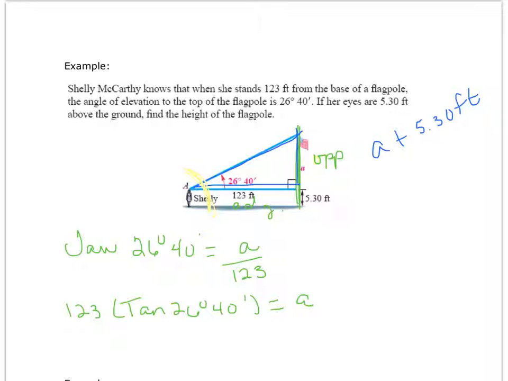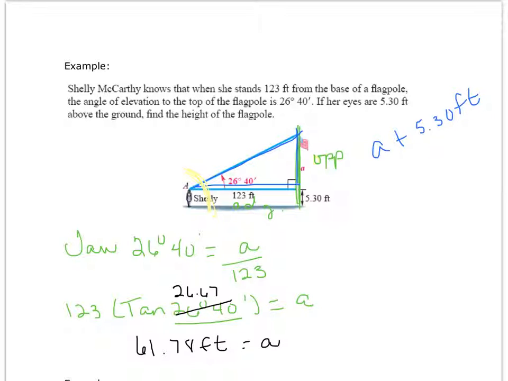So when you get all said and done, you can leave this in degrees and minutes, but if you convert it to decimals, it's going to be 26.67. That's what we're going to use. So, because our flagpole's in feet, it's not in degrees and minutes, so we wind up with 61.78 feet is how tall A is.